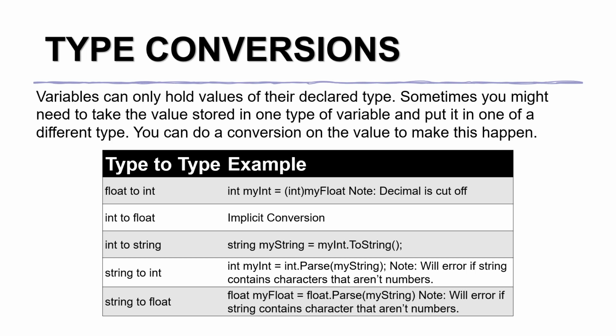So just be careful. To do this, we have our variable that's an integer, and we set that equal to int.parse, and then inside the parentheses, you have the string that you need to convert. String to float is almost exactly the same. The only difference is it's float.parse, not int.parse.